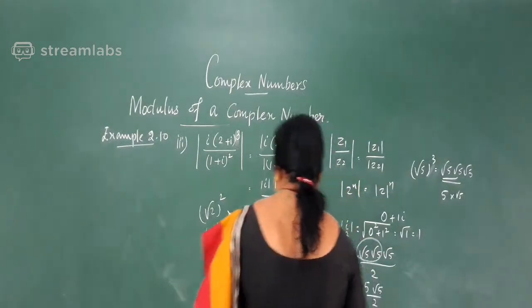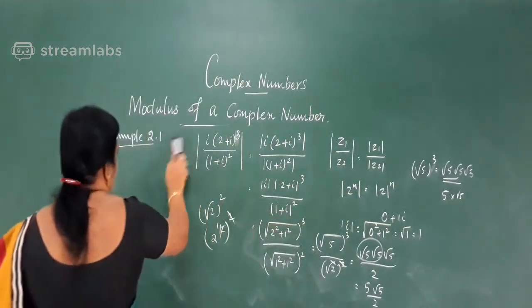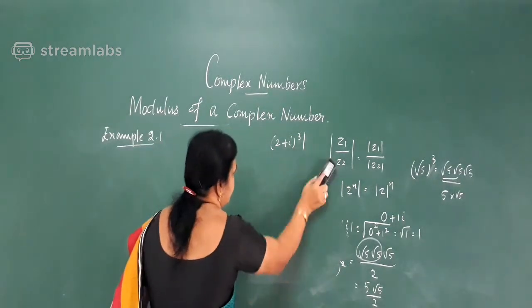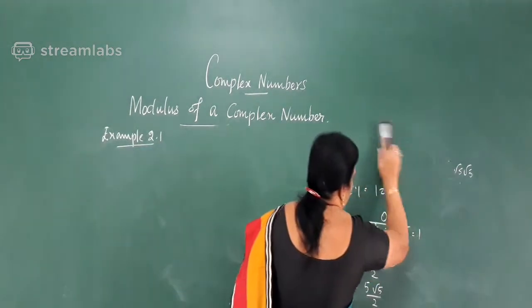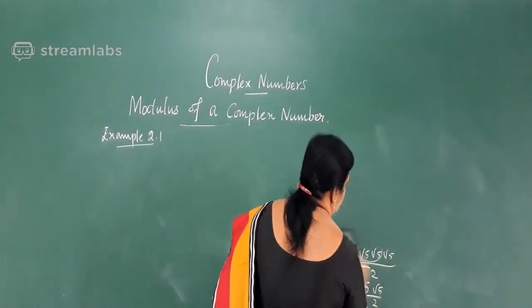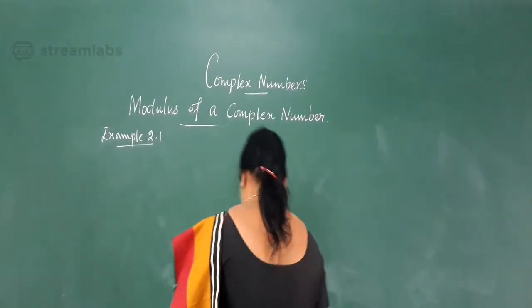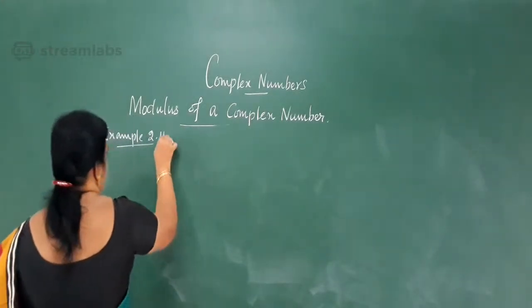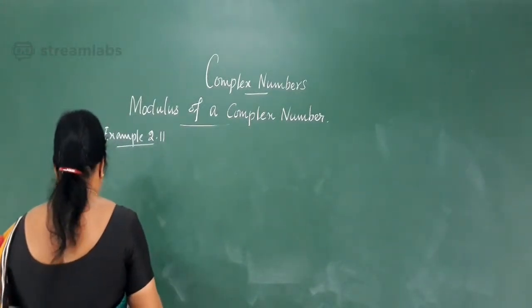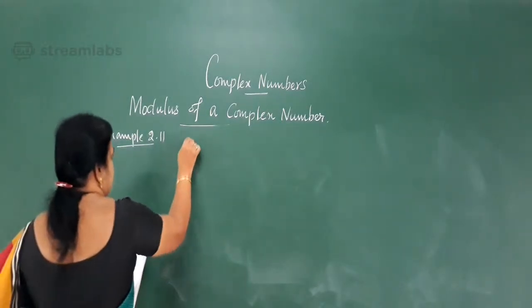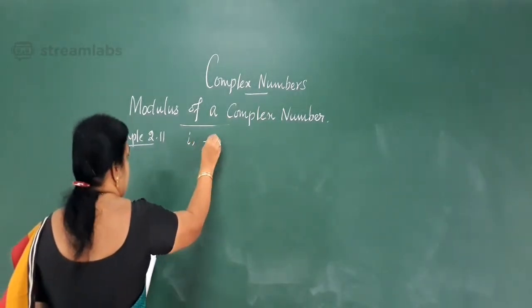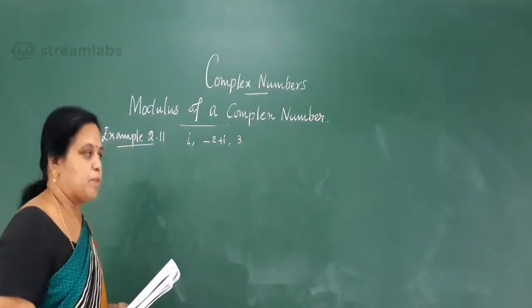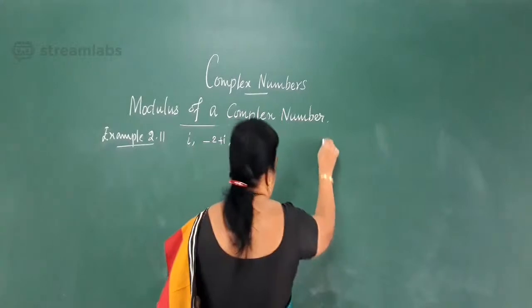Next one, example 2.11. Which one of the points? They have given 3 points: i, minus 2 plus i, and 3. They are asking which is the farthest from the origin.